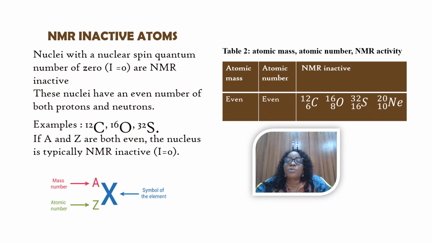It applies to oxygen 16, sulfur 32, and neon 20. The examples we have here are all NMR inactive because their atomic mass and atomic numbers are even, and their protons and neutrons can pair themselves.